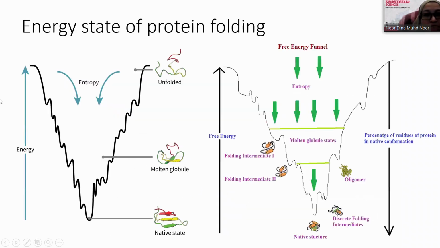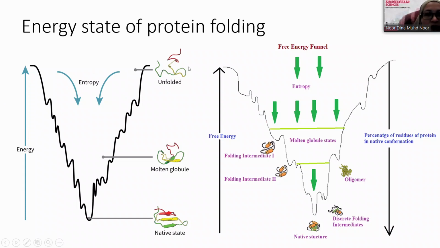All right, so this is the energy state of protein folding, meaning that if a certain protein is in the unfolded state, it is going to have higher energy, which is higher entropy.